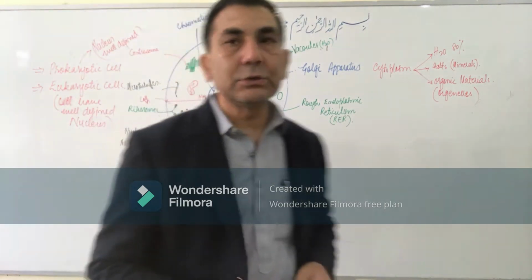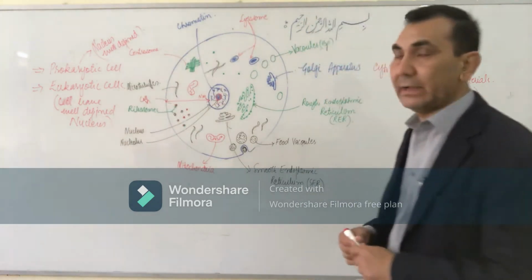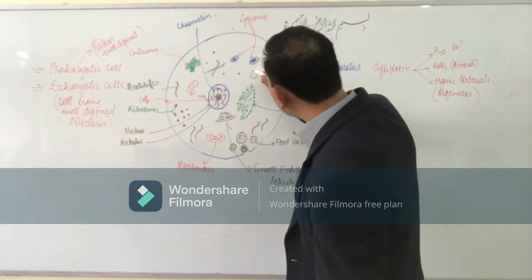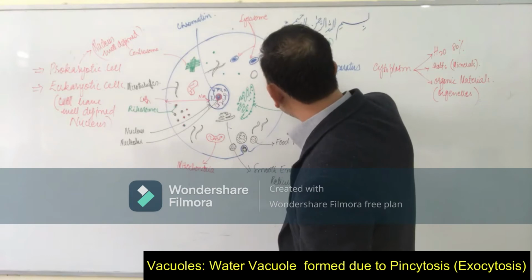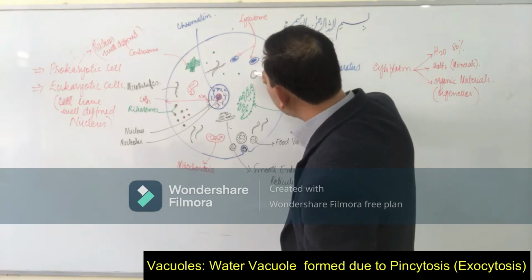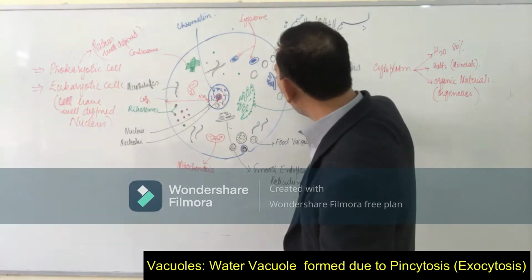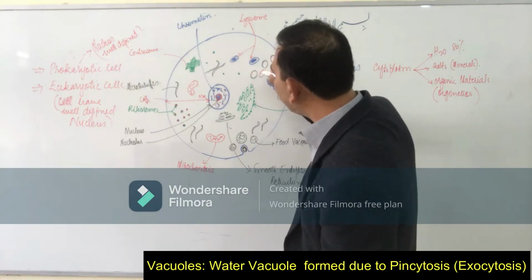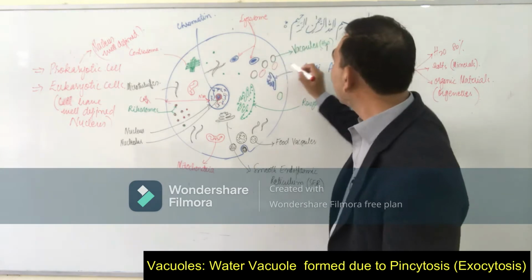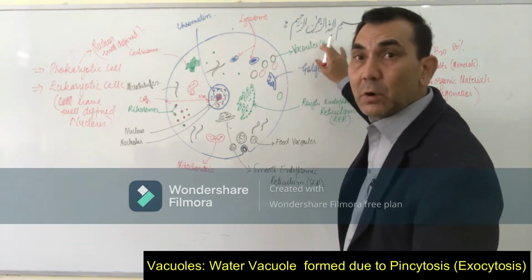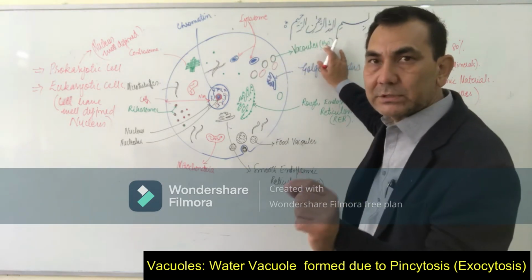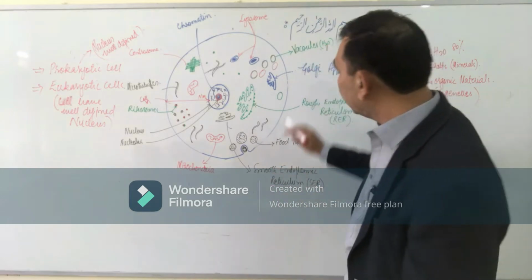We have two types of vacuoles here. One vacuole is oval in shape, but no material is visible inside it. This is the water vacuole.